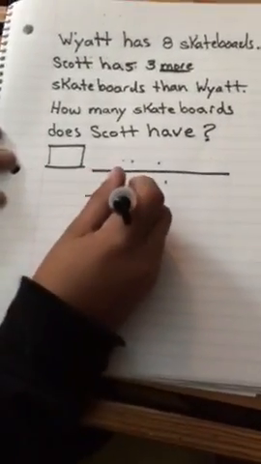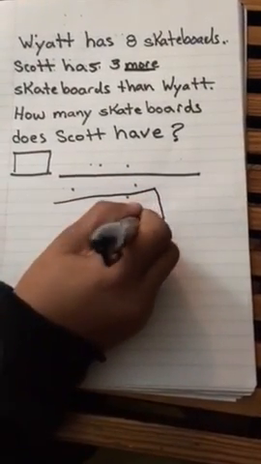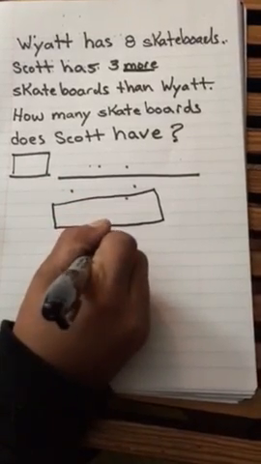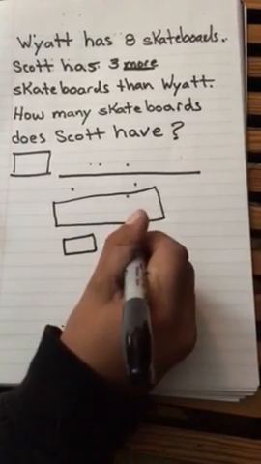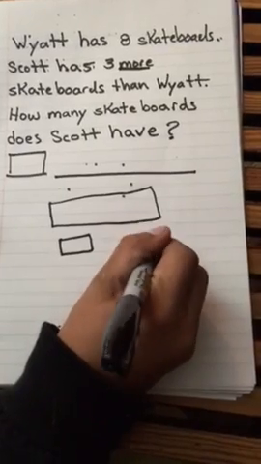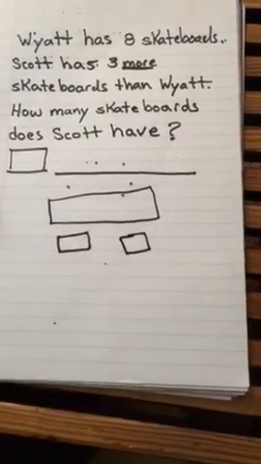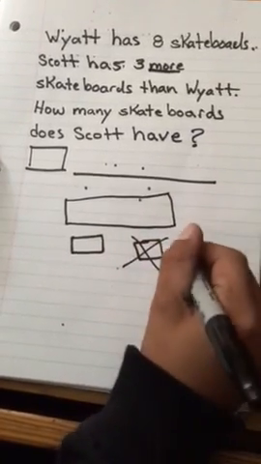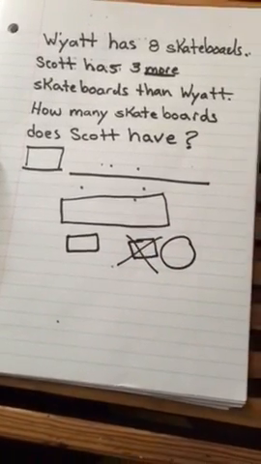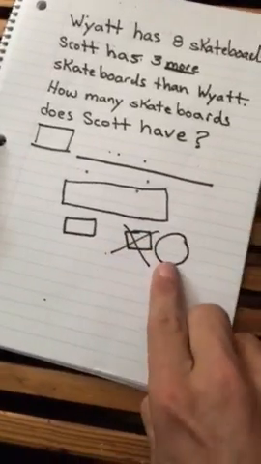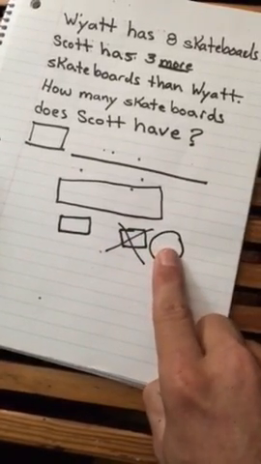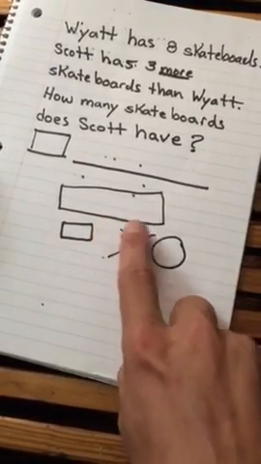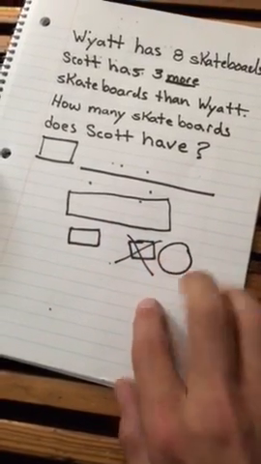It's just a big rectangle for the larger amount that a number is going to go in, a small rectangle for the smaller amount, and then this should be a circle line. This is different because it's the difference. Smaller amount, larger amount, and the difference.